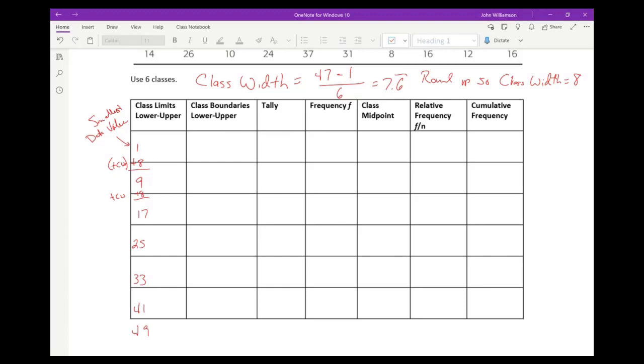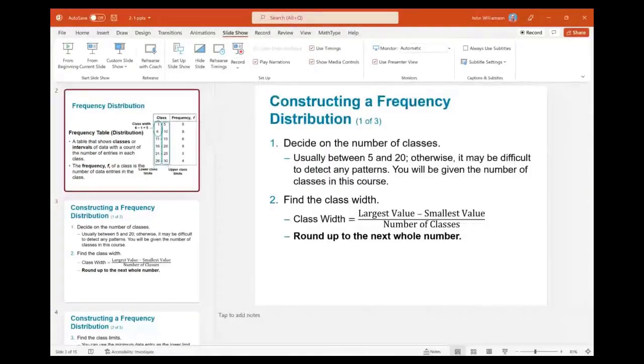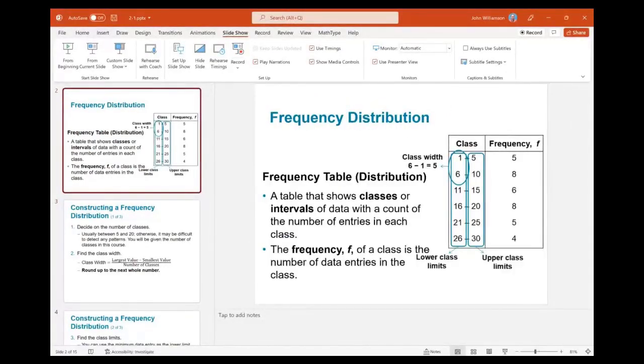All right, so now we want the upper class limits. Let's jump back and look at that setup I gave you. Notice on this picture with the class limits, there's no overlap. Why do you think there's no overlap there?